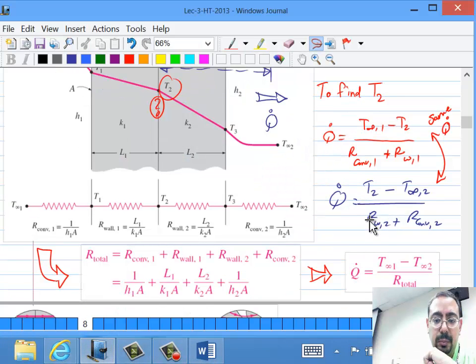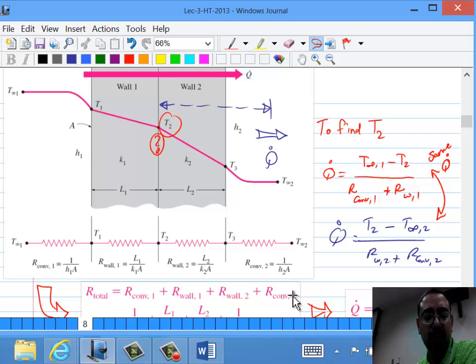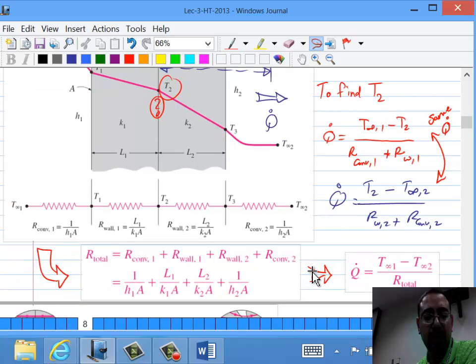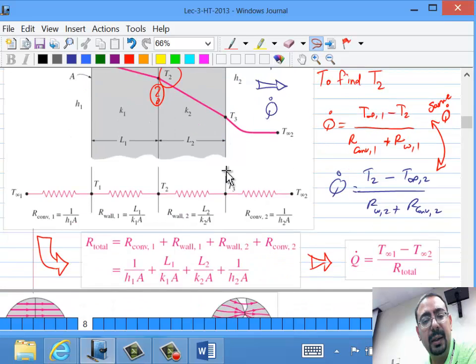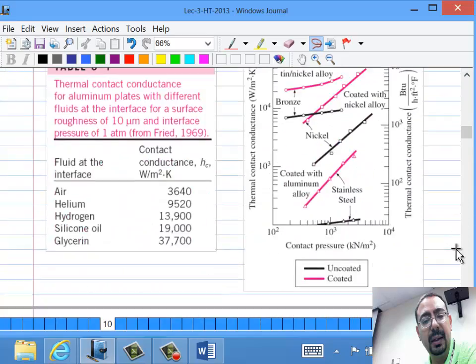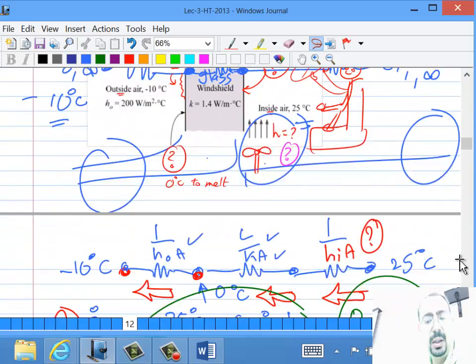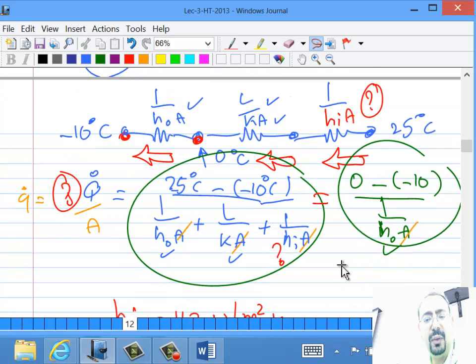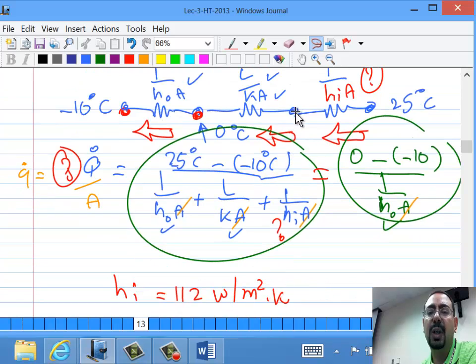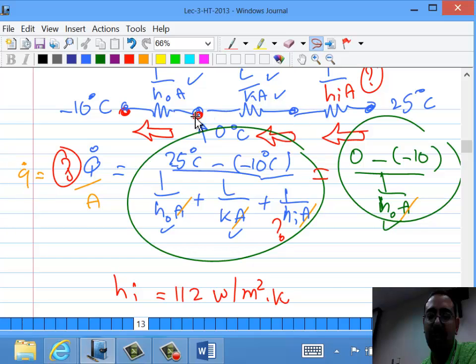What if we would like to calculate the temperature in the middle? Like for example, let's go back to this problem. After we are done, we calculated the H and everything, he said, so now the outside surface of the glass is going to be at 0. We did this. What is the inside glass temperature?